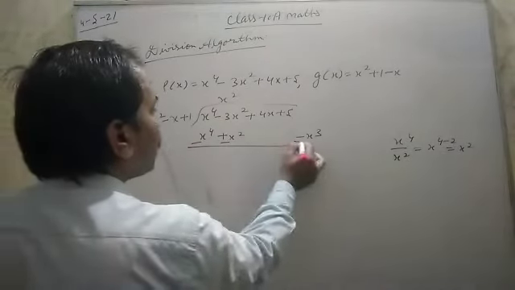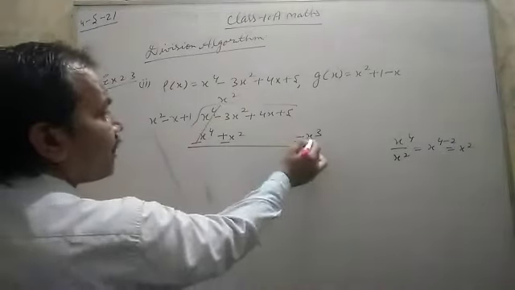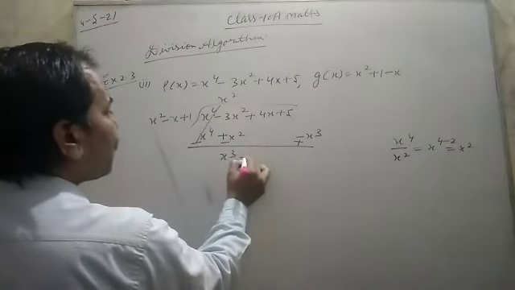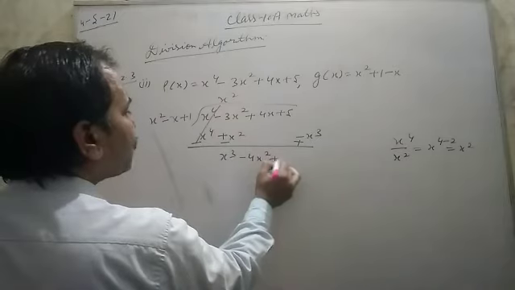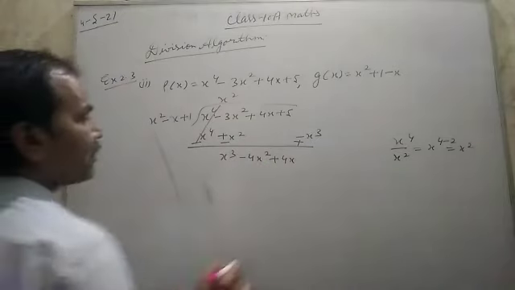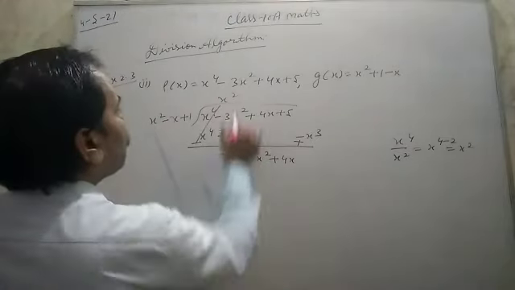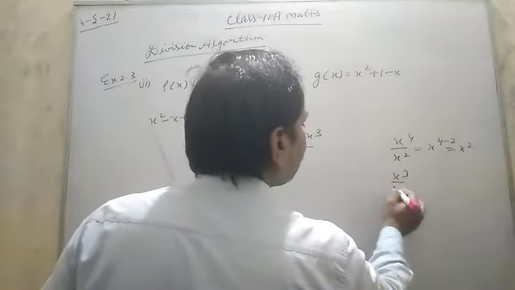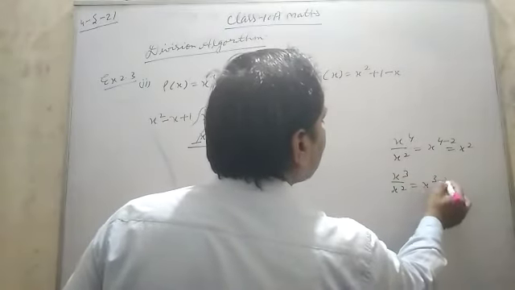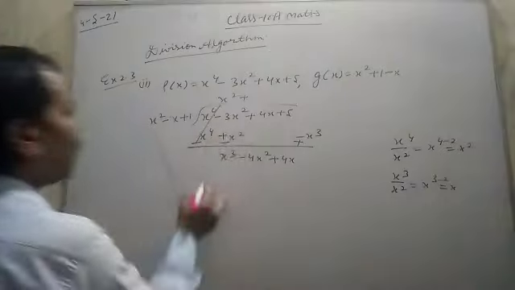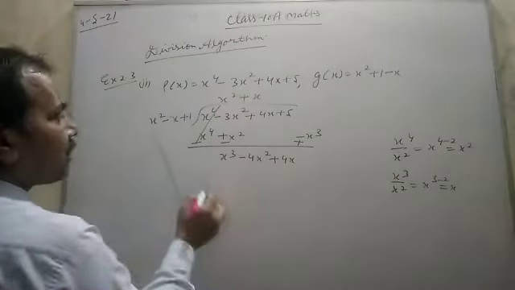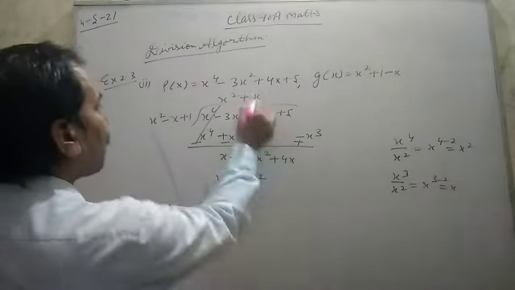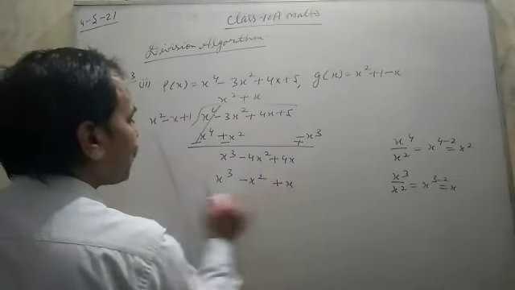Subtract. Cancel. Then write the highest power first: x cube, minus 4x square plus 4x. So x cube by x square: x power 3 minus 2 is x. Multiply in all terms of the divisor: x cube minus x square plus x.